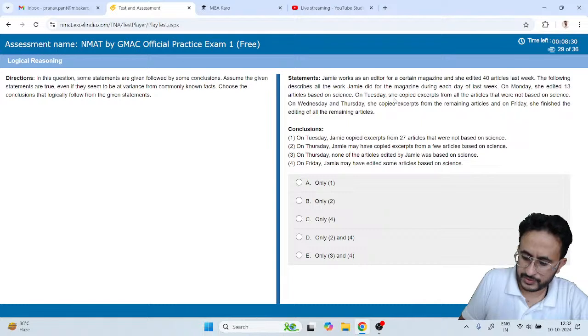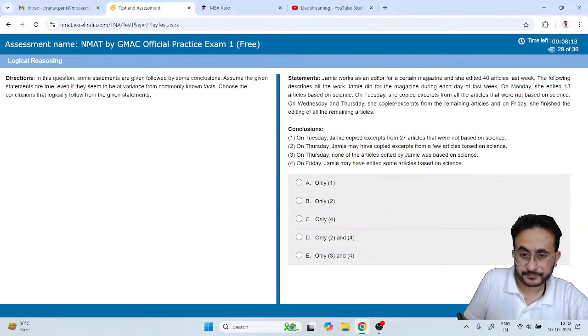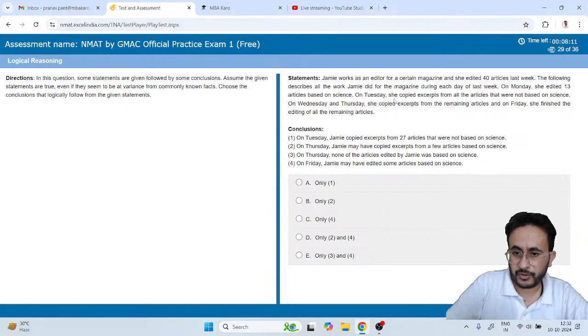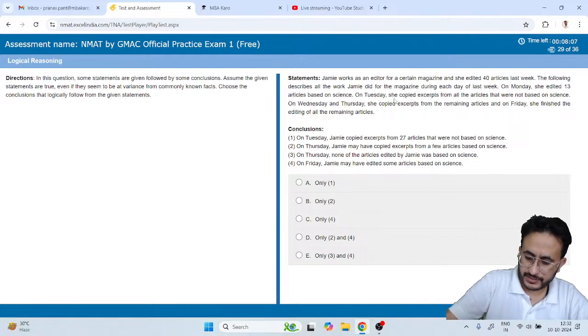Okay, so it could be remaining articles of science, and on Friday she finished the editing of the remaining articles. So on Tuesday, she copied excerpts from 27 not based on science.